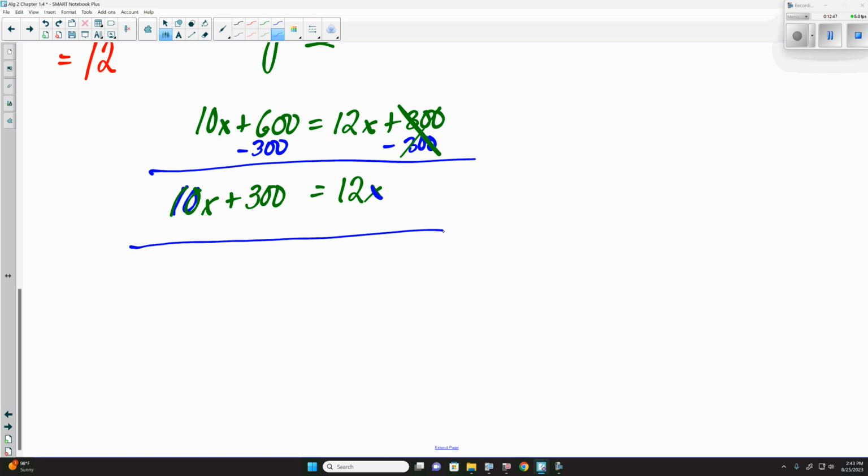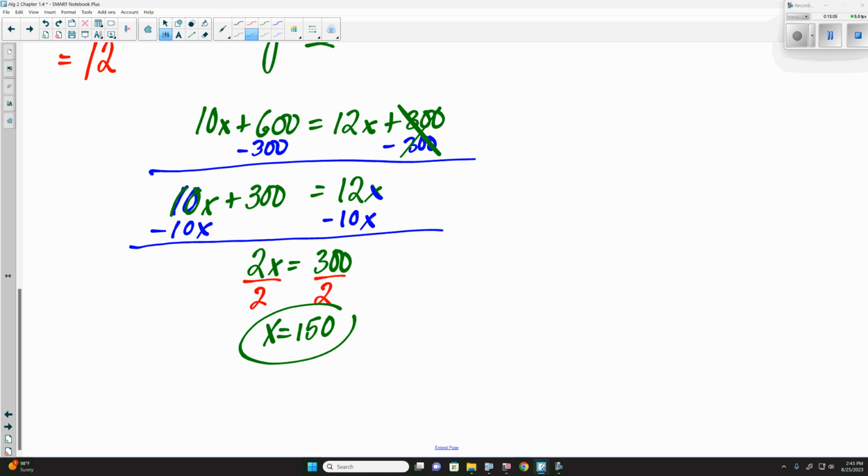We'll subtract 10x from both sides, which will tell us that 2x is equal to... Questions on this so far?